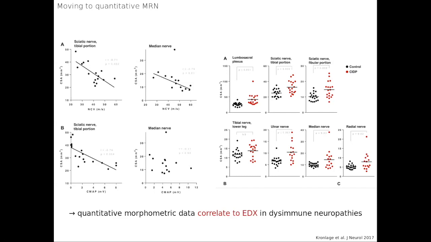So meaning that with larger cross-sectional areas, you have lower conduction velocities and lower compound muscle action potentials in these nerves.